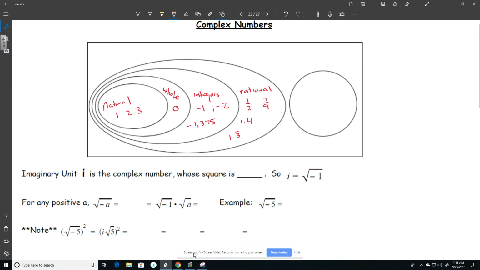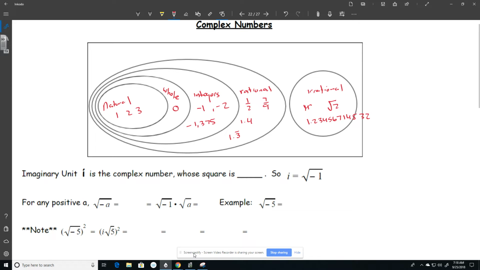And then sometime in middle school, you learned a little bit about irrational numbers, probably not a lot, but they're kind of over here all on their own. Irrational numbers are things like pi or the square root of 2. They're decimals that never end. They just go on forever. That is an irrational number.